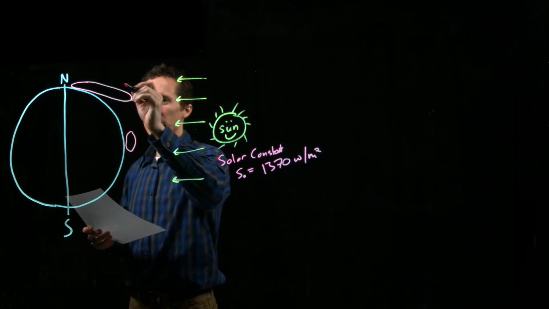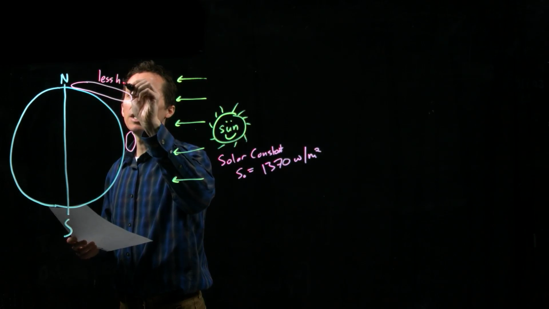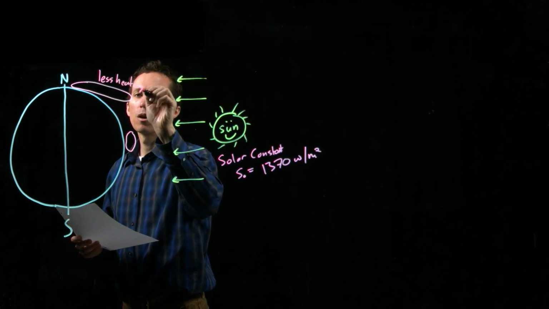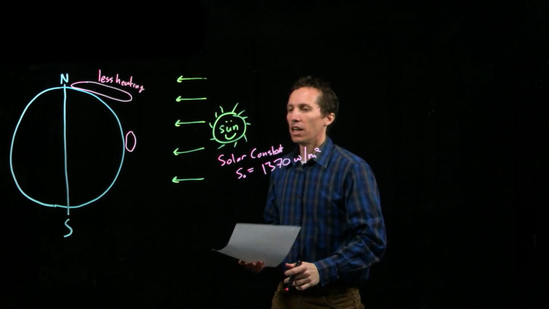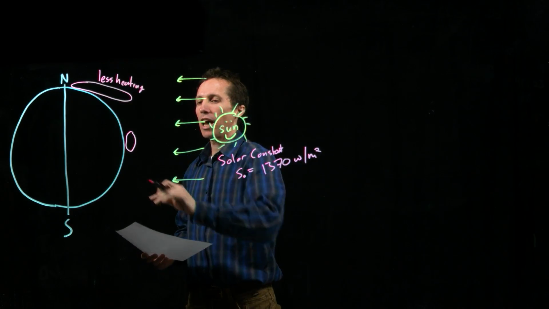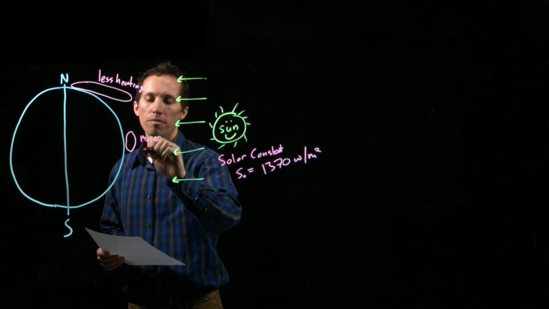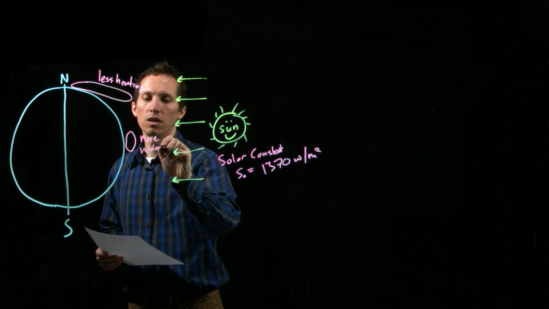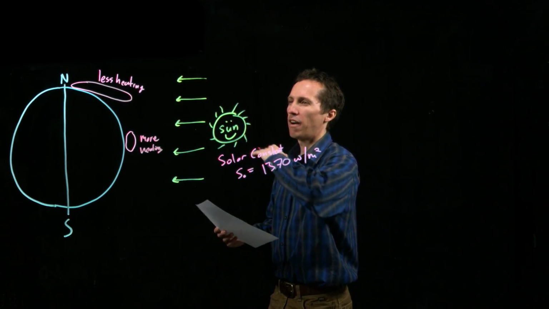So the result of this is we've got essentially less heating per unit of land or ocean area, and at the equator we've got more heating. With the same incoming radiation, it's just a matter of how it's spread out.